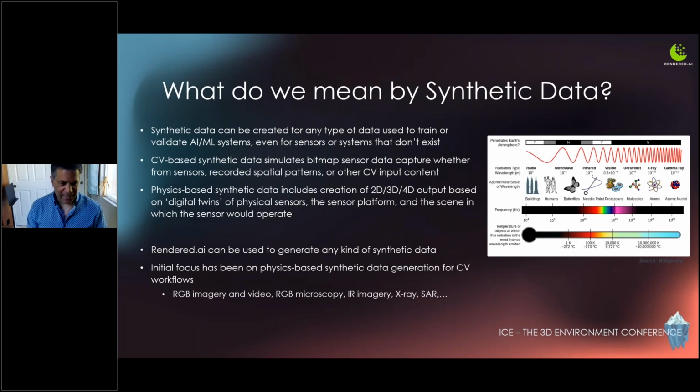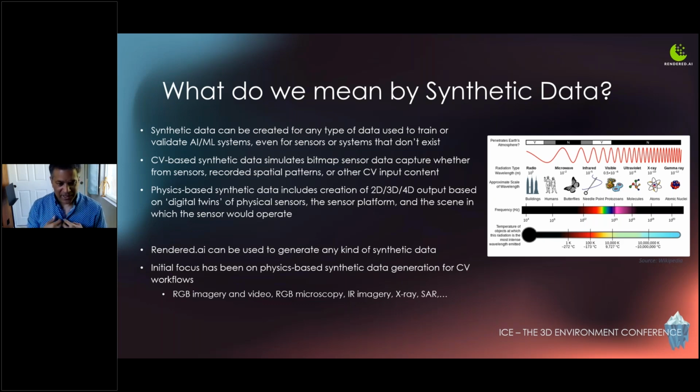When I talk about synthetic data, I am specifically talking about generating or simulating sensor data as if it was captured by a real physical sensor. There is a little bit of confusion these days with synthetic data coming out of, say, diffusion models, and I'll address that a little bit more in a minute.